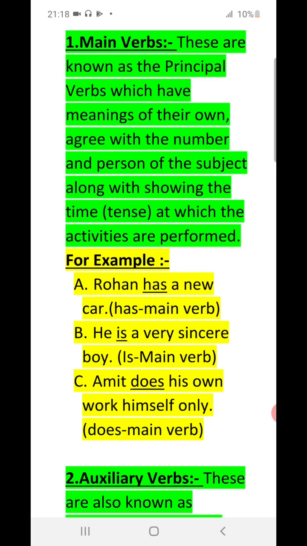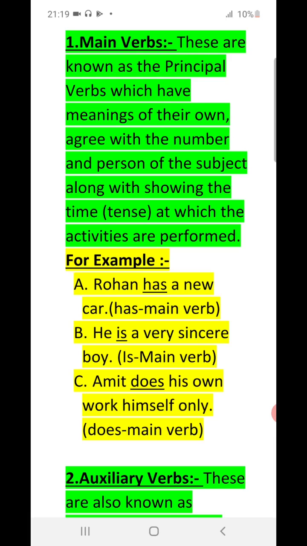So it's bearing a meaning of its own and it can stand alone to render a complete meaning to this sentence over here. Rohan has a new car. Okay, has over here stands as the main verb.